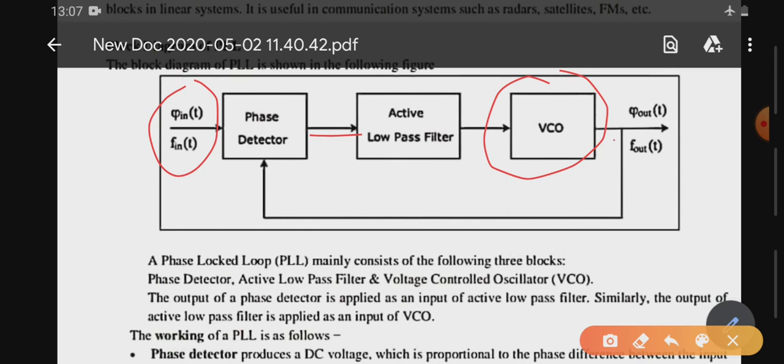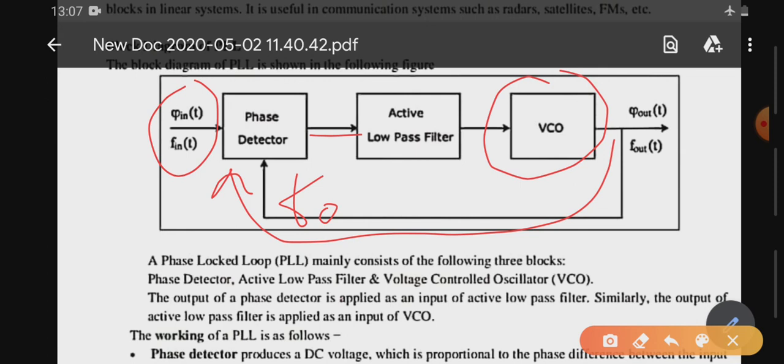And the output is given back to the input, so this is with the output frequency. The phase detector is nothing but a multiplier which compares the signal with input frequency f in and output frequency fo, that is feedback, and it will generate the error voltage. It will generate the output voltage with two components, a high frequency component and a low frequency component.